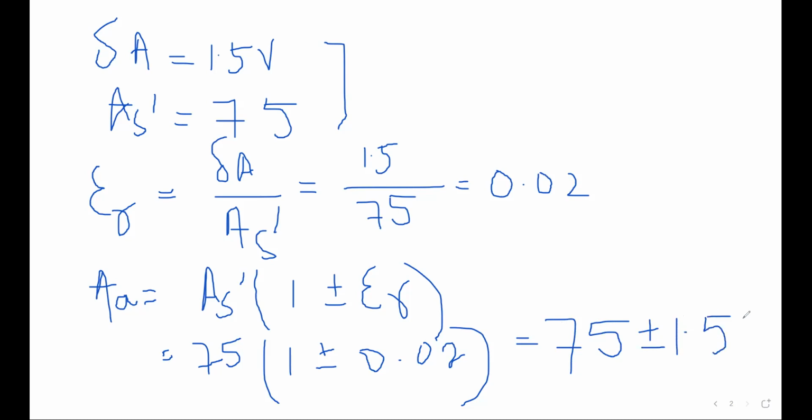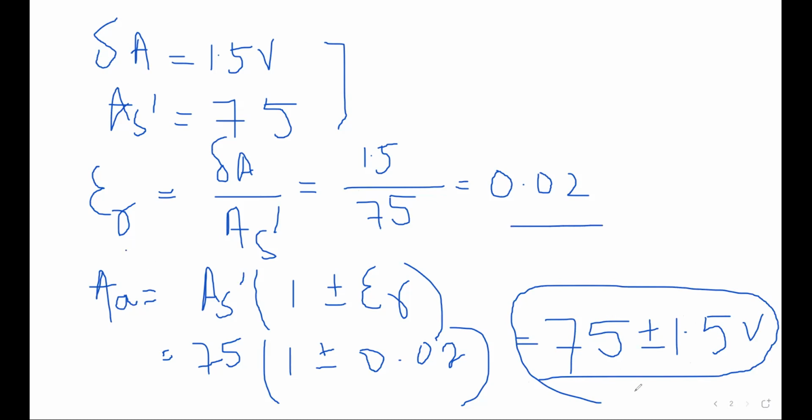Are you getting this kind of value? This kind of value you will get from this particular problem. This is the limiting range you will get after using this formula, because epsilon r we have taken as 0.02.